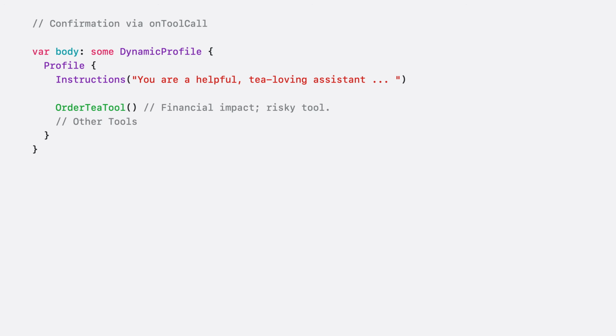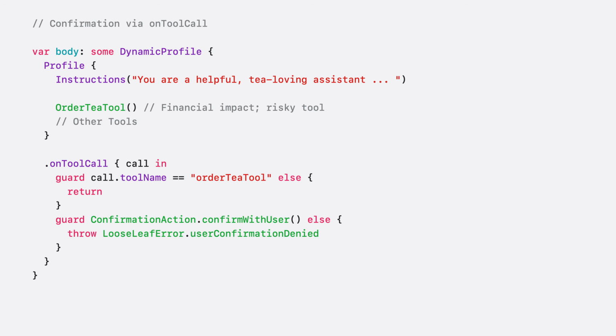Going back to our loose-leaf agent, we notice that the order T tool has financial impact, and that makes me very nervous. So I want to always ask for user confirmation before running this tool and transferring money. To do this, we add an onToolCall callback to our profile. As this callback runs before every tool call, we first check if the current tool is the order T tool.